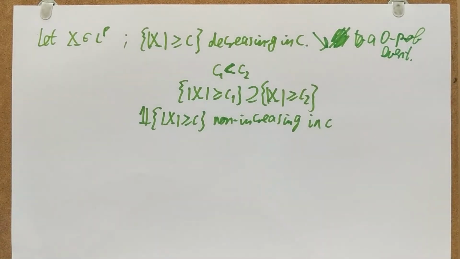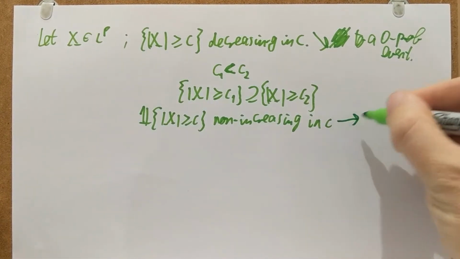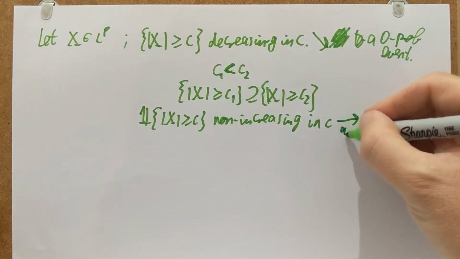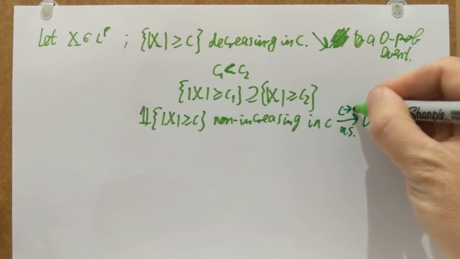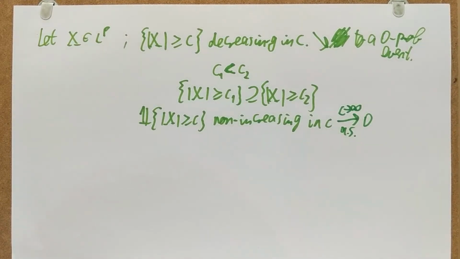With probability 1, X is not infinite, and therefore the limit of these decreasing events is probability 0. Which means that this sequence of numbers is non-increasing in c, and converges almost surely to 0 as c goes to infinity. The precise way of saying it is that on a probability 1 set of omegas, this thing is going to 0.